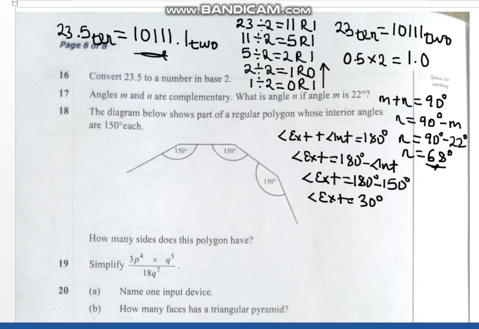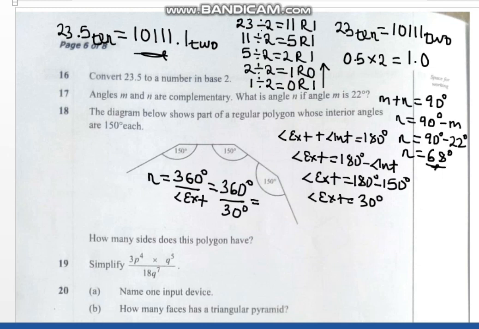So what do we do with this? There's a simple formula to work out the number of sides. n is equal to 360 degrees divided by the exterior angle, and so 360 degrees divided by the exterior angle that we got as 30 degrees.